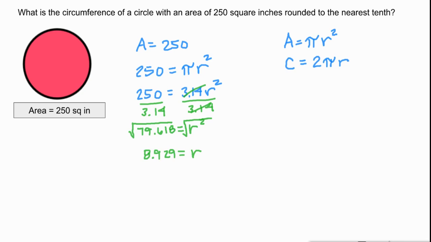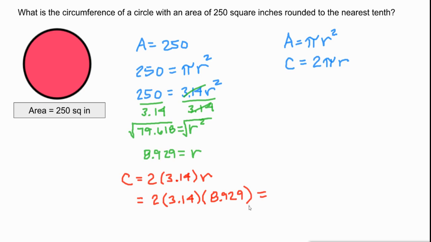Circumference equals 2, and I'm going to substitute our 3.14 decimal approximation, times r. And then let's replace r with 8.929. 2 times 3.14 times 8.929.